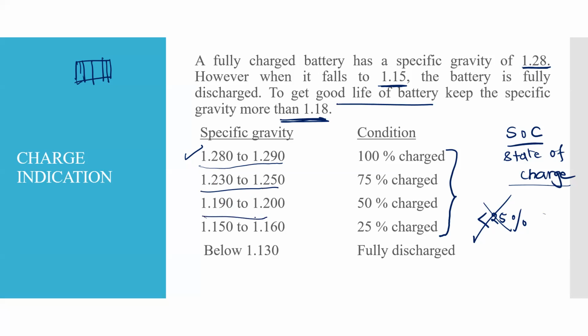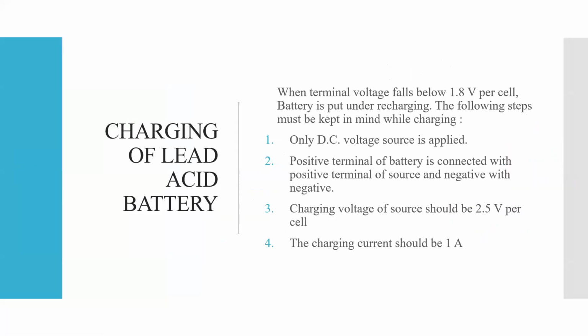At 50%, it is 1.19 to 1.2, and less than 50%, if it is around 1.15 to 1.16, then you can say that it is 25% charged. And if it falls below 1.13, then it is fully discharged. You should never allow your battery to get fully discharged. It is not a good practice to fully discharge a battery.